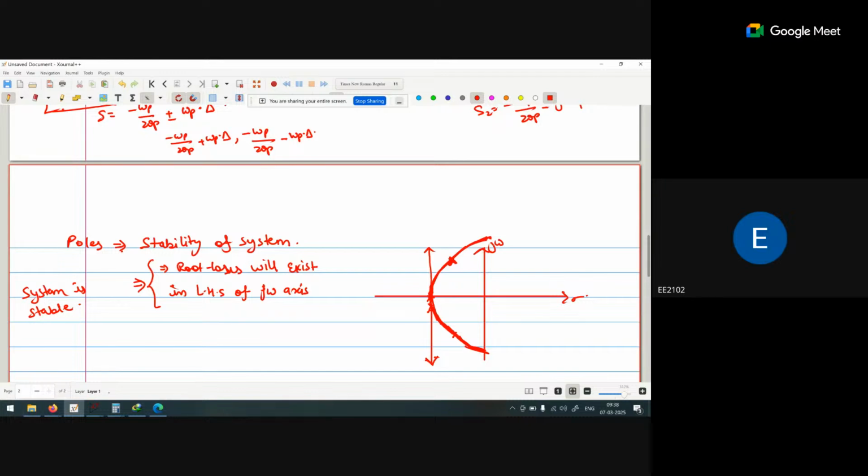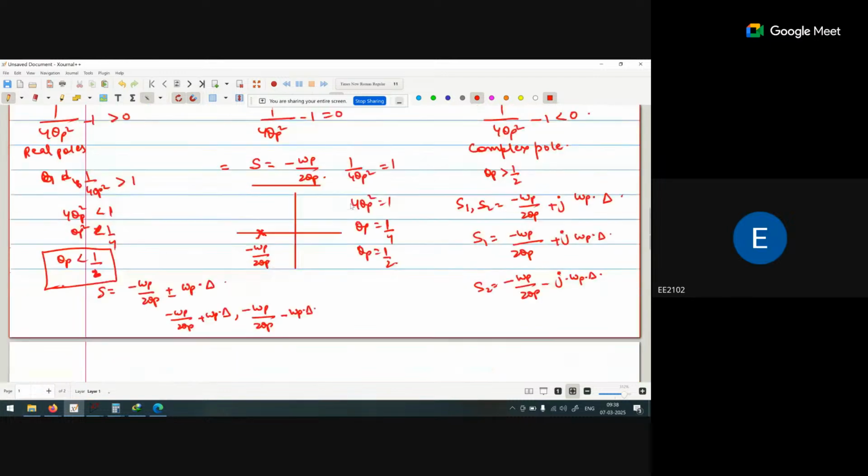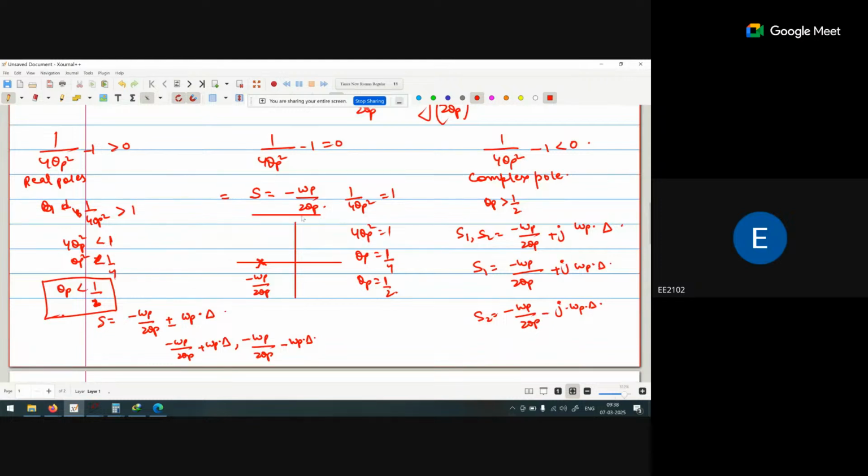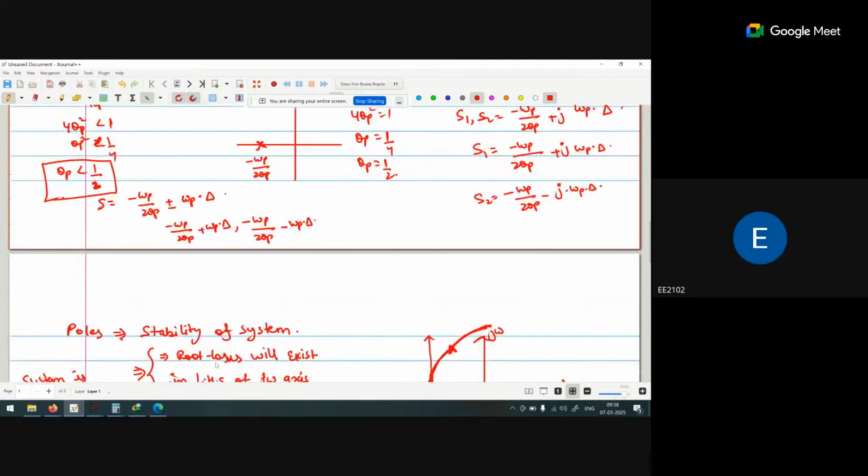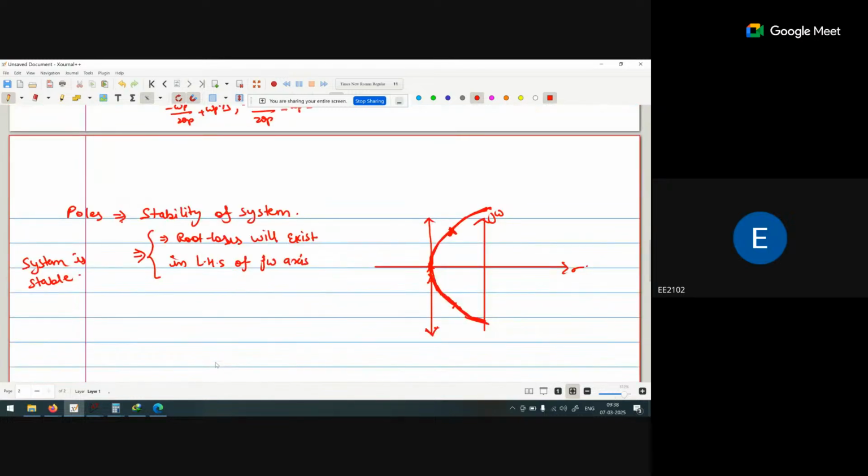Okay, omega p upon 2 qp, this one will increase with omega p upon 2 qp, and the other will decrease with omega p delta. So one particular position is that one, it will be available in this one and this one.